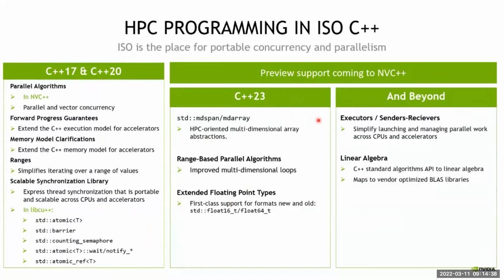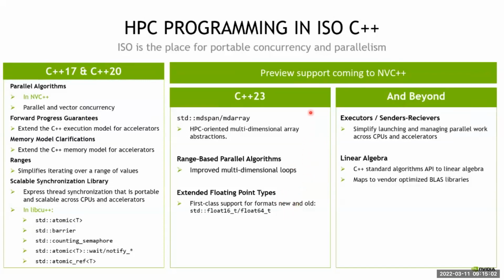So gone are the days of manually calculating your offsets into a flat array. All of this can be handled nicely for you using mdspan. It also provides range-based parallel algorithms, which is a more convenient way to iterate over the parallel algorithms, and also extended floating point types. So specifically here, I'm calling out 16-bit floating point as a format.